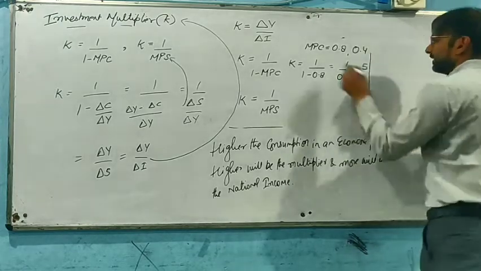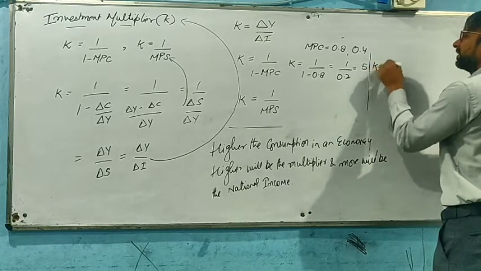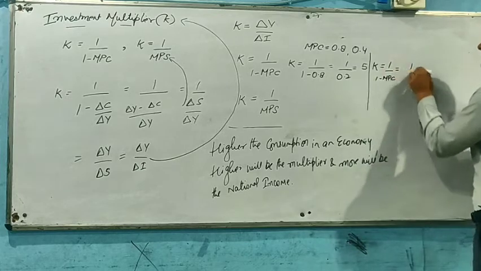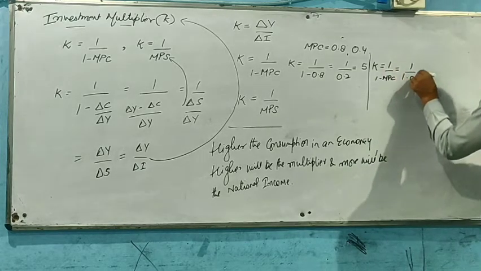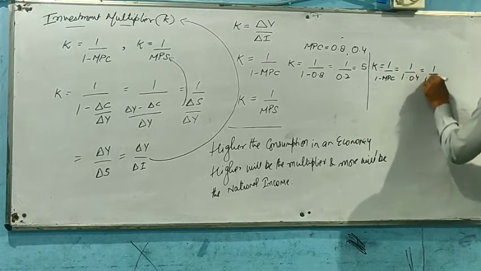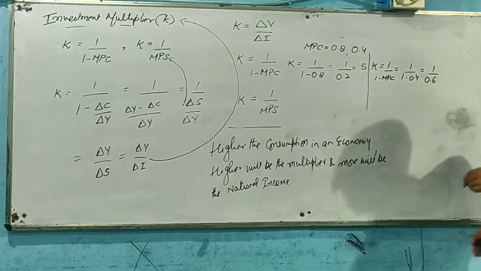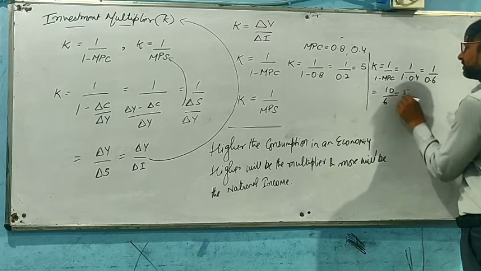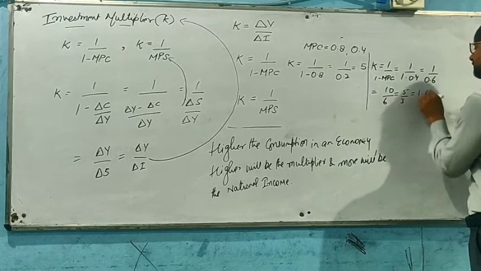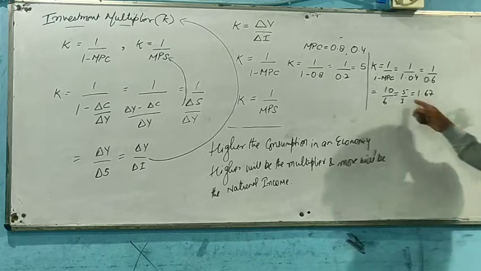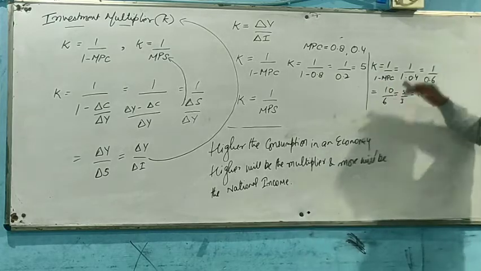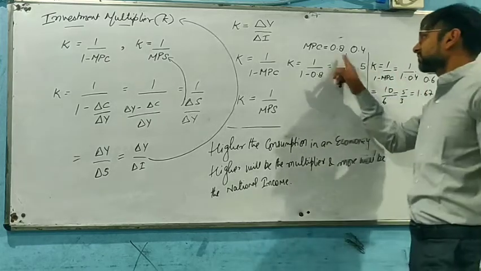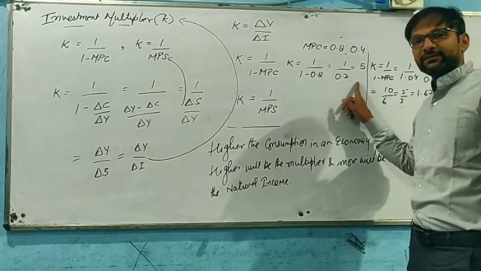Again, if we have K equals to 1 upon 1 minus MPC, that is 1 upon 1 minus 0.4, is 1 upon 0.6, or that is 10 upon 6, means 5 upon 3 or 1.67. See the difference: lower the consumption, lower will be the multiplier; higher the consumption, higher will be the multiplier.